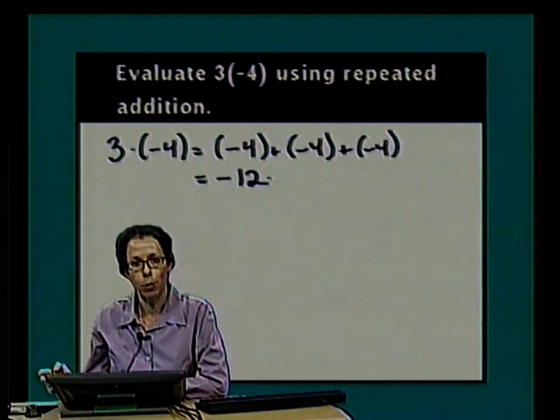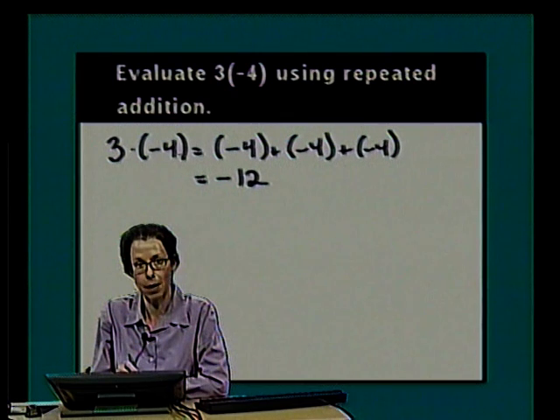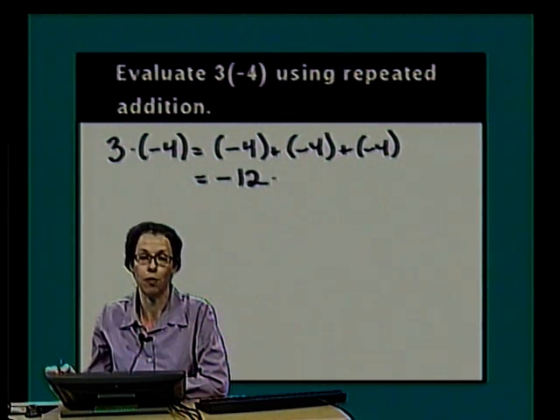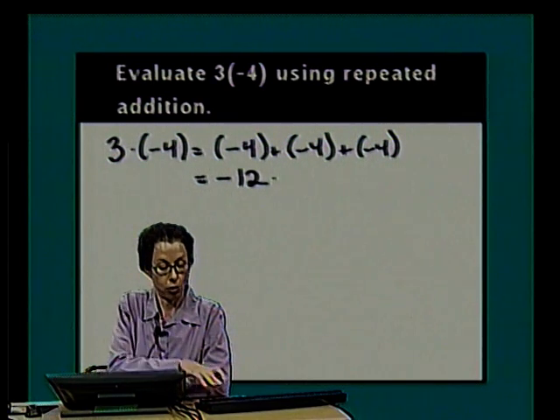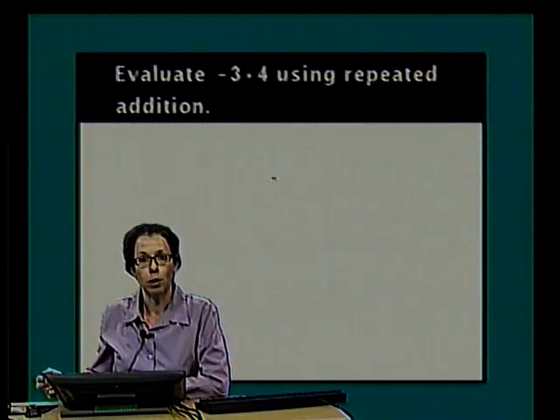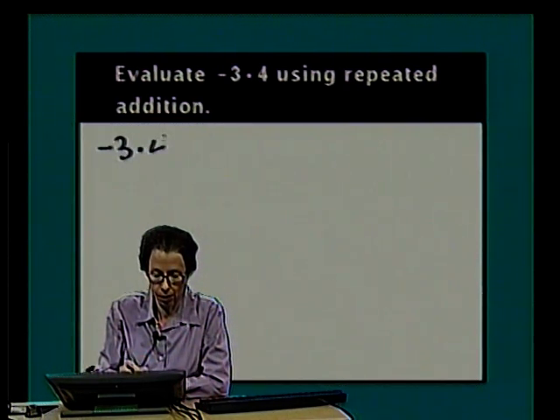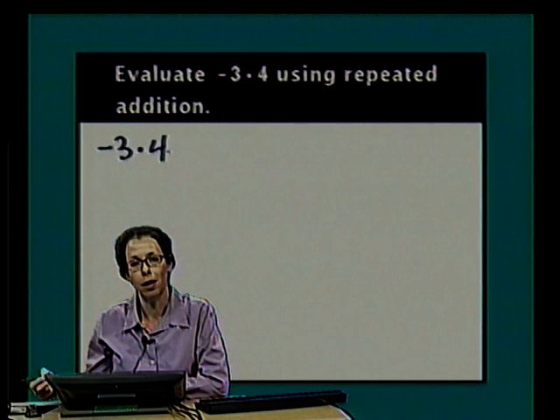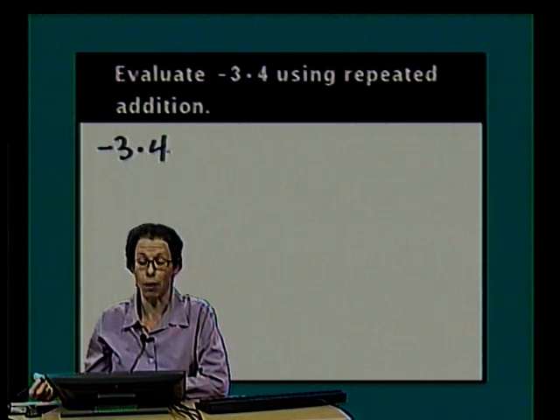So we ended up with this result, 3 times -4 equals -12. A positive number times a negative number is negative by using this familiar idea of multiplication as repeated addition. So now let's look at the product -3 times 4. Using the same idea, this would mean -3 occurrences of 4, a really kind of bizarre idea.